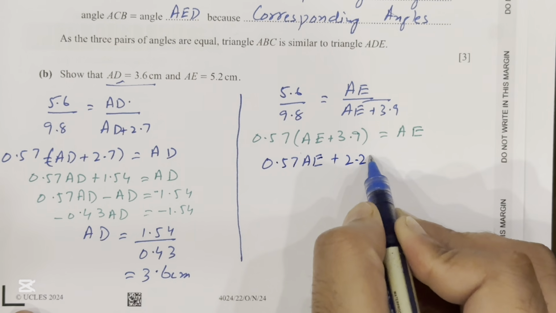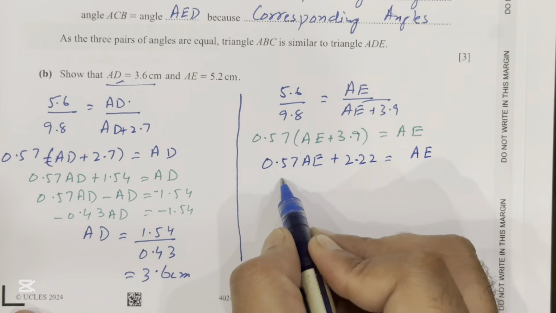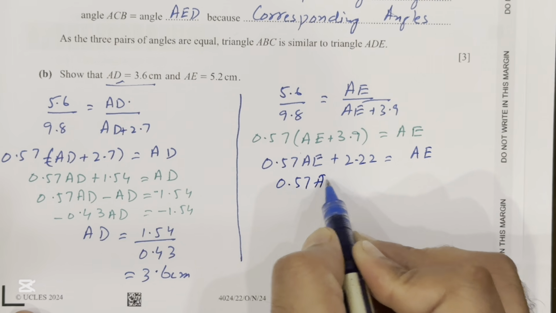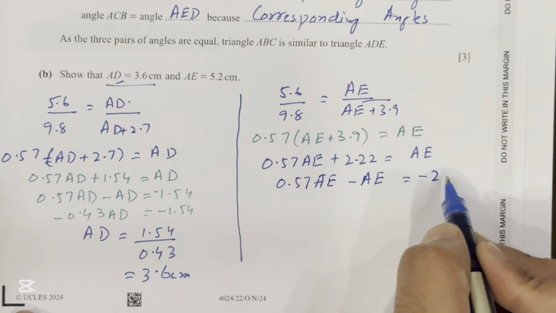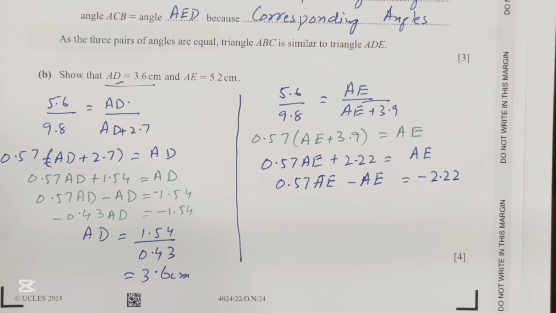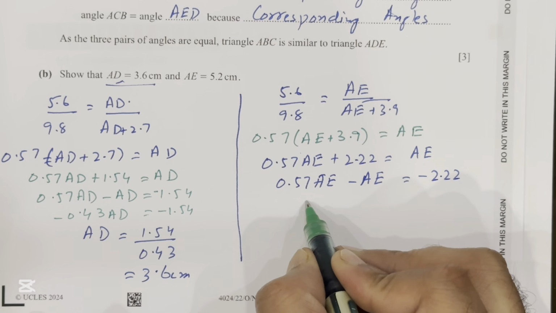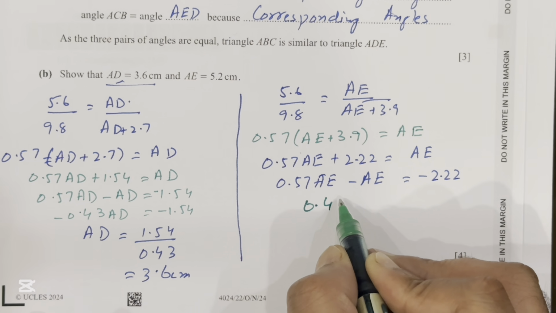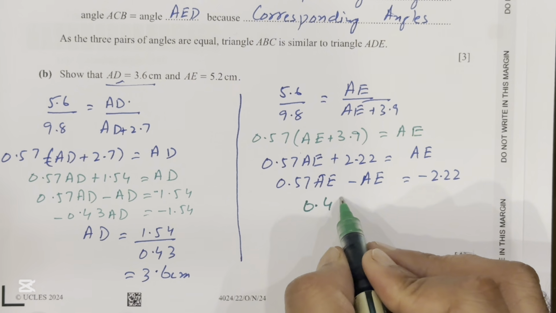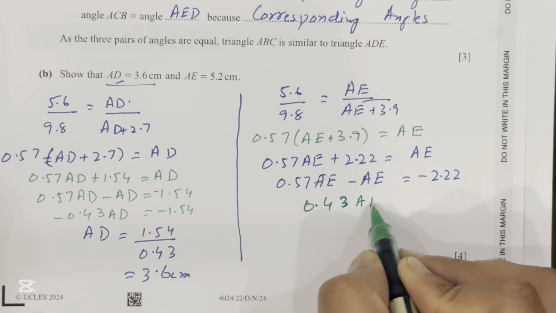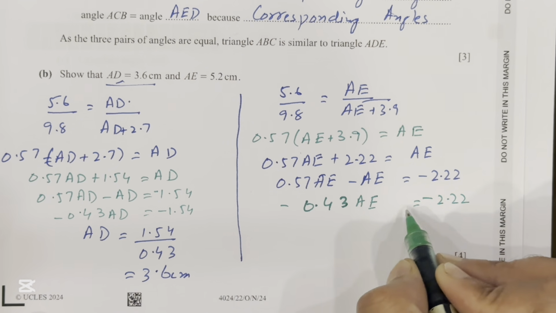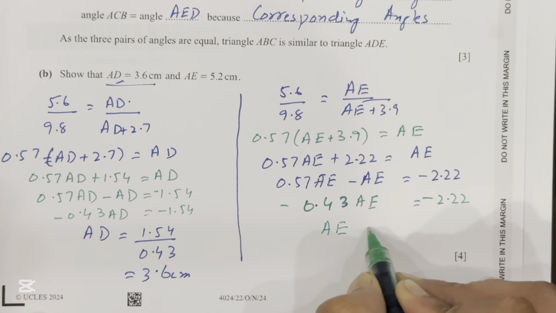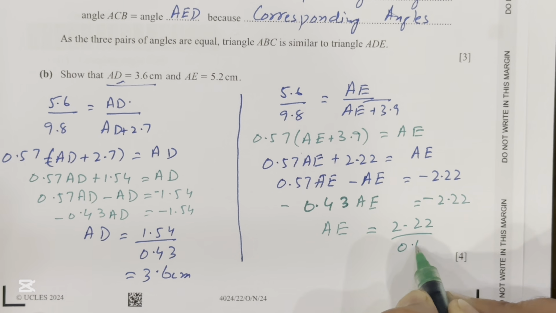plus 2.22, that is equal to AE. Then 0.57 AE minus AE is equal to minus 2.22, and this is equal to minus 0.43 AE. Minus is going to cancel with minus, so AE is equal to 2.22 divided by 0.43.